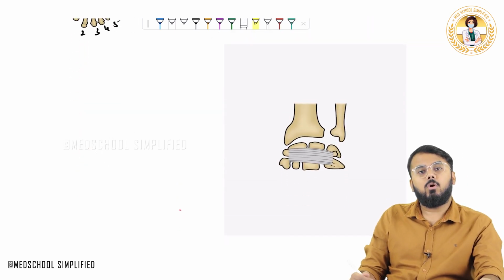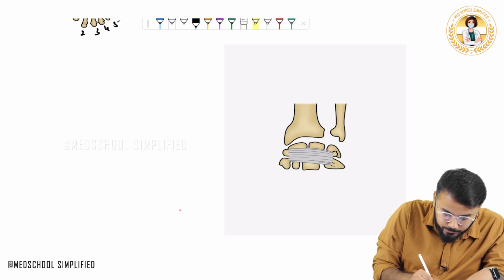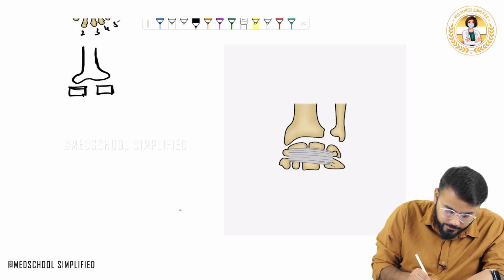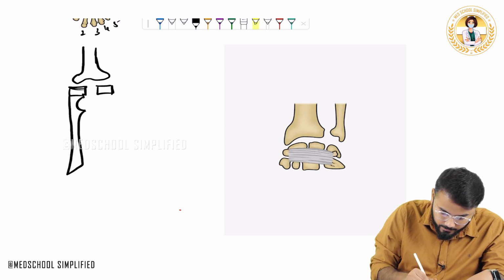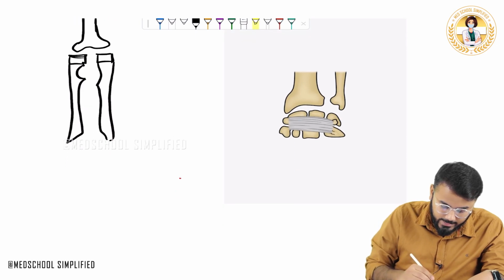After flexor carpi radialis, we shall move on to the next muscle. Let me draw that muscle and then I will explain it to you. So this is your medial epicondyle all the way. This is just a rough picture guys, not an exact picture.